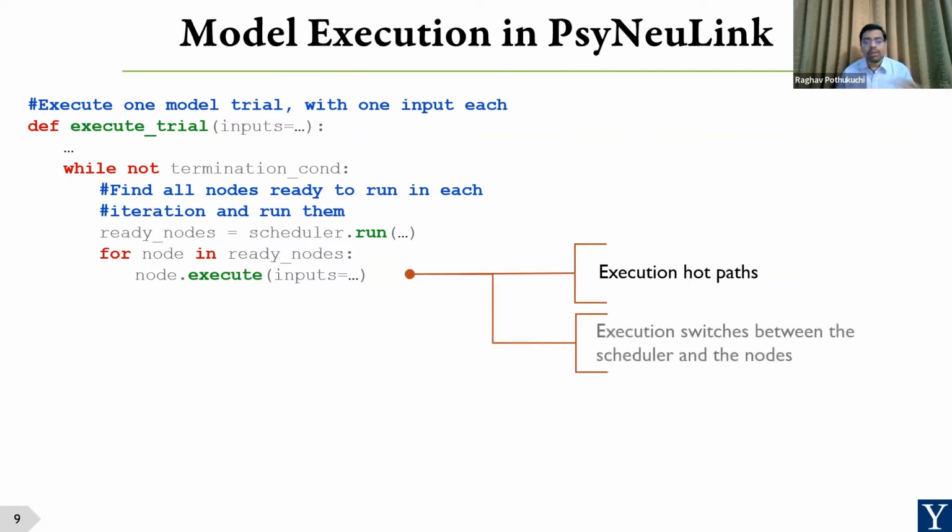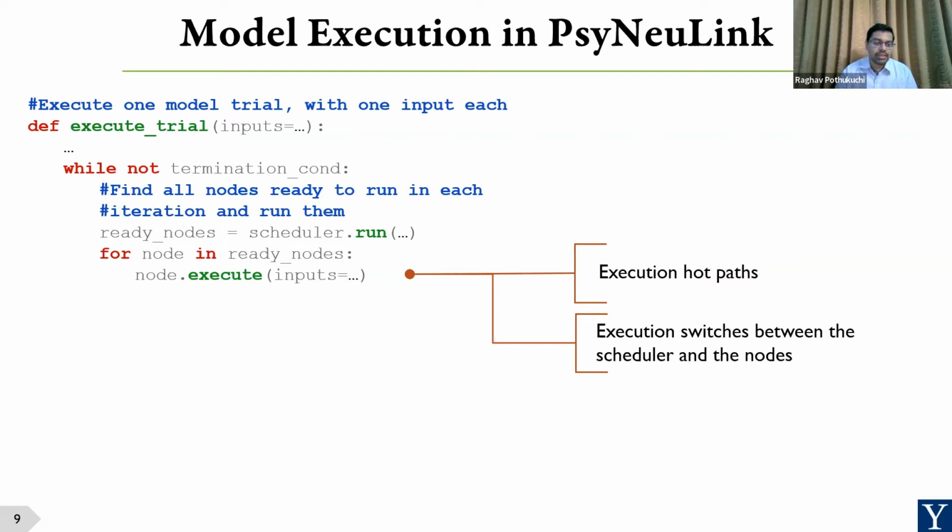Second, we know that the execution switches between the scheduler and the nodes. This is a source of overhead. This also means that even if we independently optimize and compile the nodes, if we do not compile the framework, the transition between the interpreted mode and the compiled mode would prevent us from seeing significant performance improvements in the model-wide execution. Existing dynamic compilation tools cannot capitalize on this knowledge.